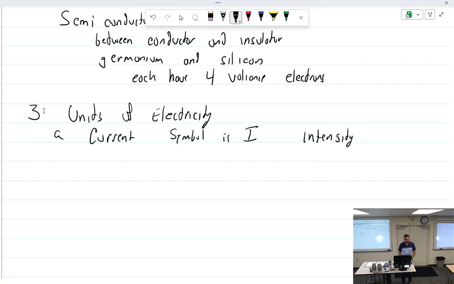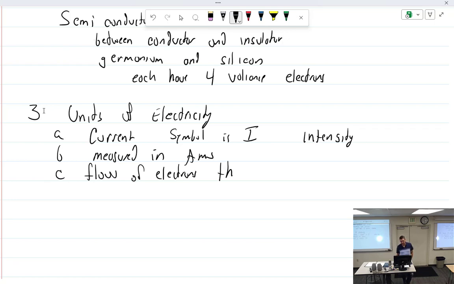It is measured in amps, which was named after Andre-Marie Ampere. It is the flow of electrons through a conductor.